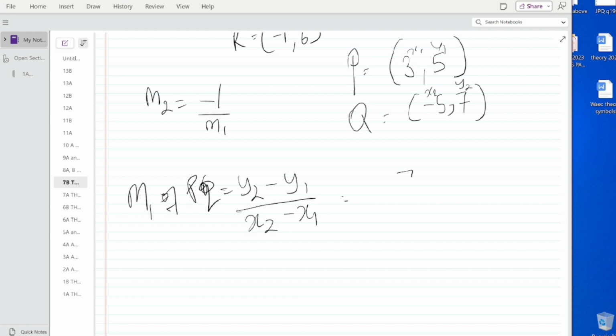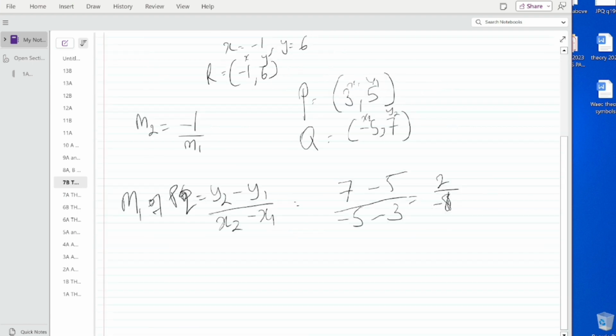So our y2 is 7, our y1 is 5, over our x2 which is -5, our x1 which is 3. We have 7 minus 5, which gives us 2, and -5 minus 3, which gives us -8. We can reduce that to the lowest term: 2 over -8 is -1 over 4.